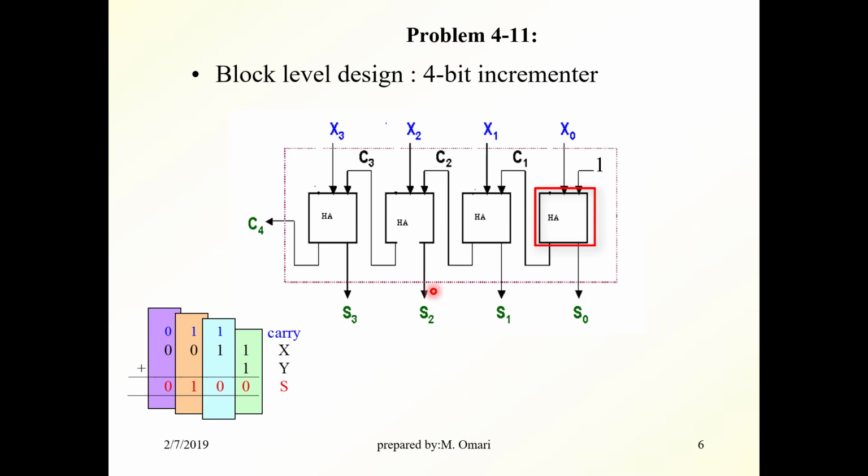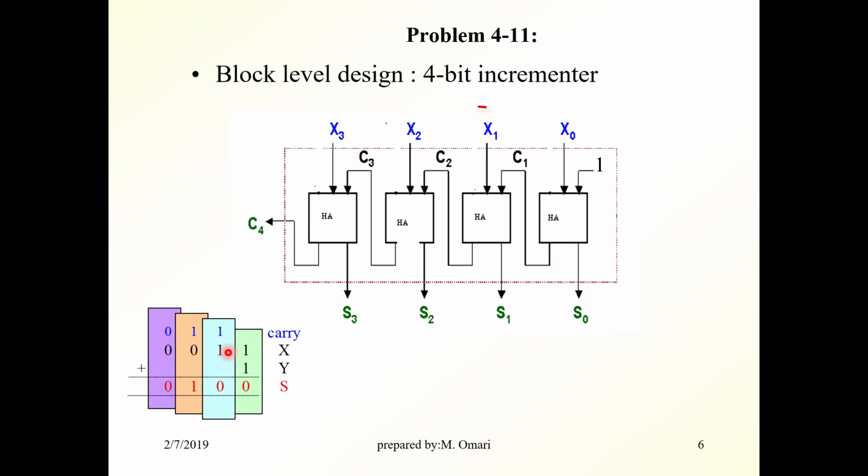The first half adder has an input Y, which is always equal to 1. This is 1. And the other input is X0, which is this one. Now we have a sum which is S0, okay? And the carry of this half adder is propagated to the second stage, to the second half adder here.